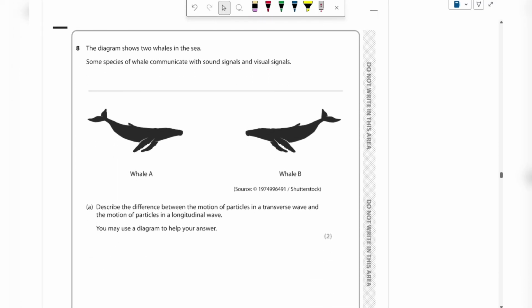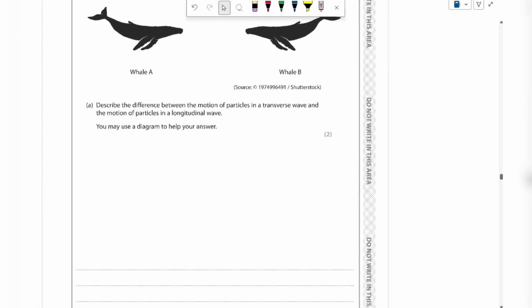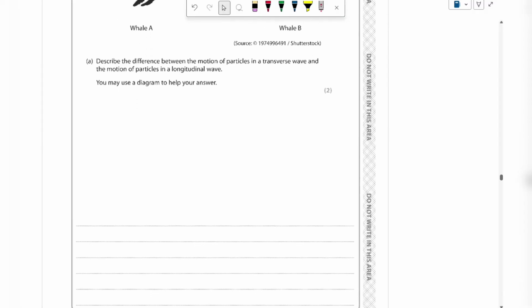Two whales communicate with sounds. I would honestly not use a diagram for this one. I would just make sure you know what the definitions are.